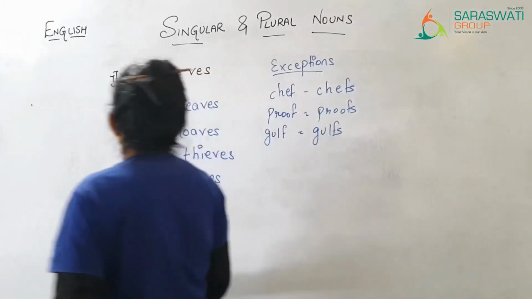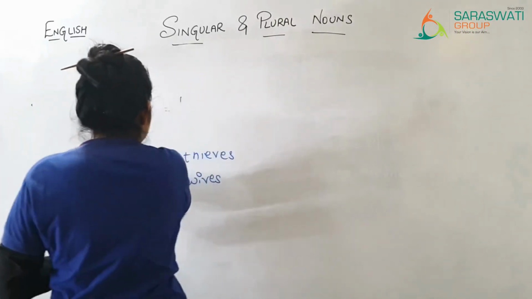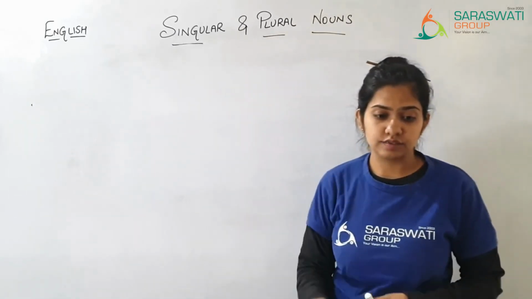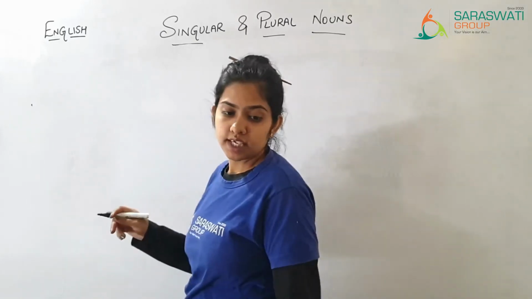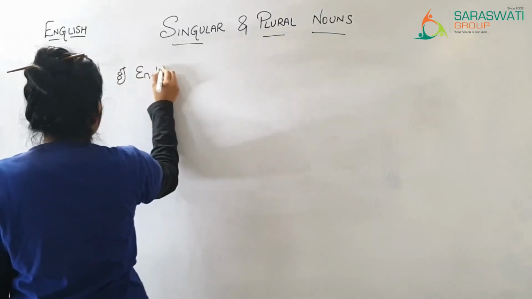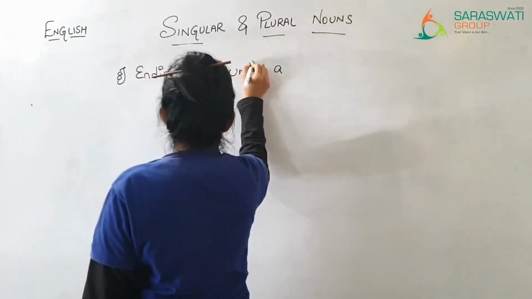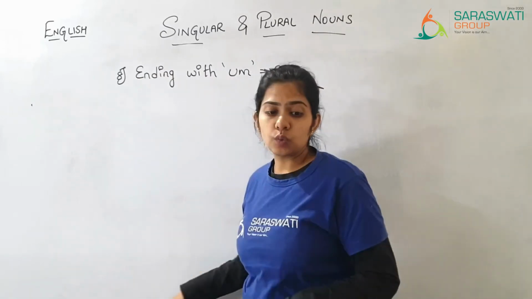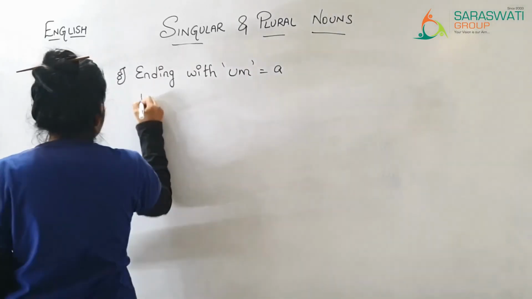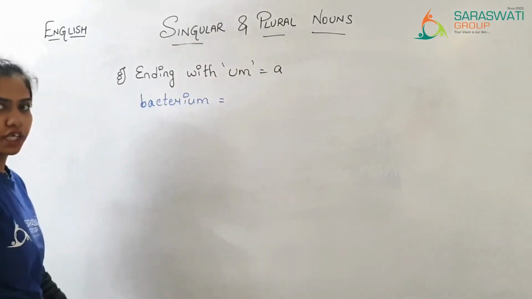Okay. Now comes our 8th rule, that is ending with UM is equal to A. When the word is ending with UM, if I say bacterium, bacterium is a singular word, right?